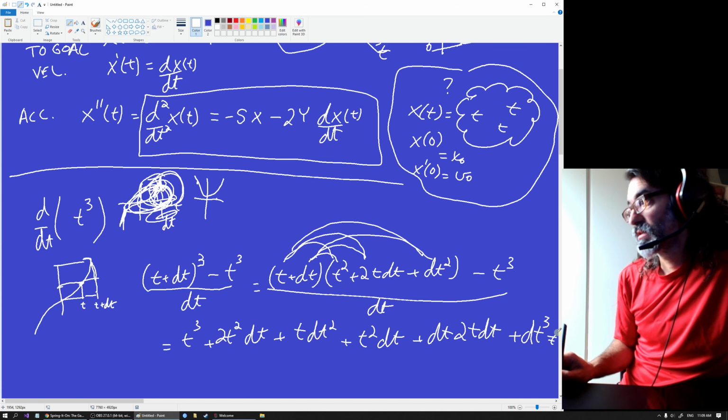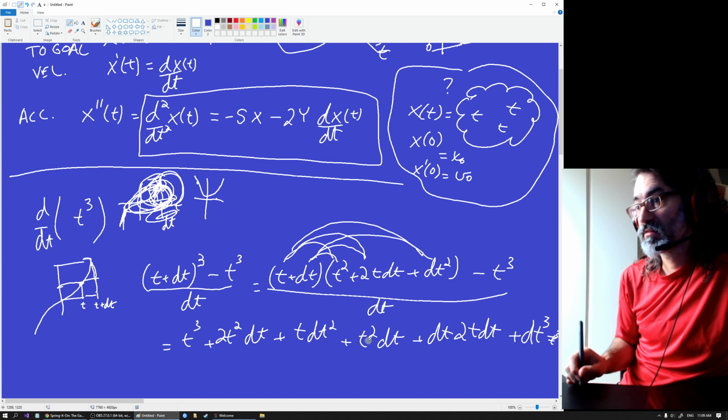Let's not forget our t cubed to subtract, and divide everything by dt again.